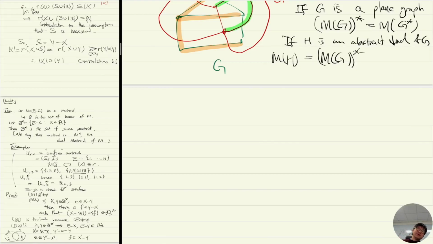But remember, there's a theorem by Whitney saying a graph has an abstract dual if and only if it is planar. But in the matroid world, all matroids have duals, right? So if you take a non-planar graph and its cycle matroid, you still have a dual. The only issue is that that dual is not a cycle matroid, so it doesn't have a representation as a graph. Okay.